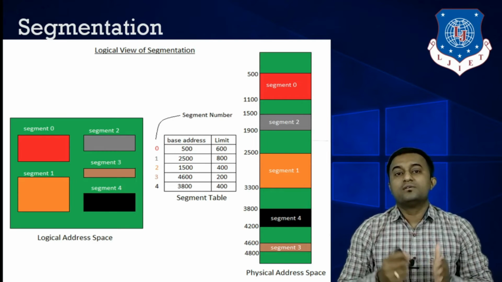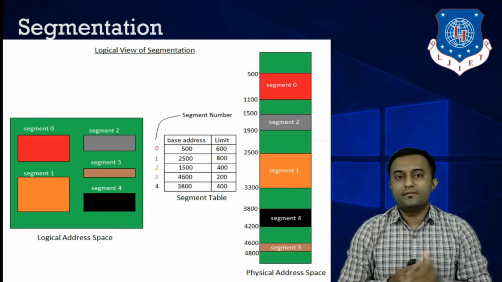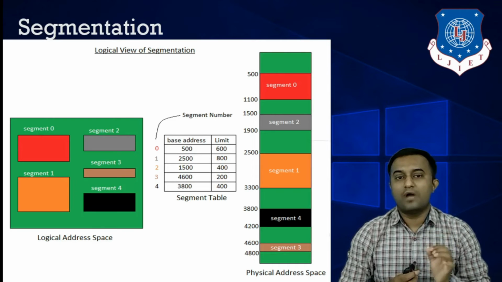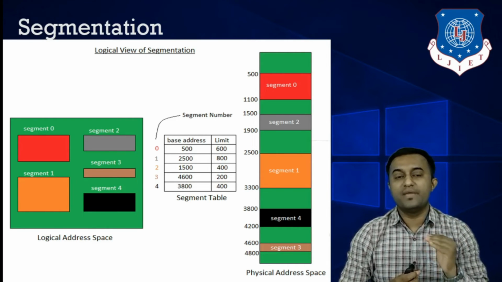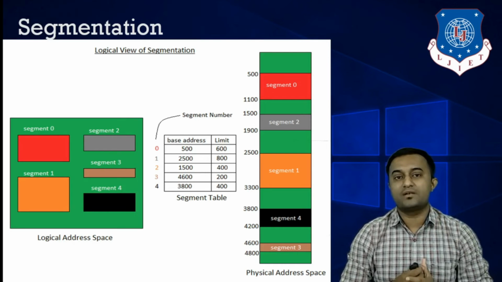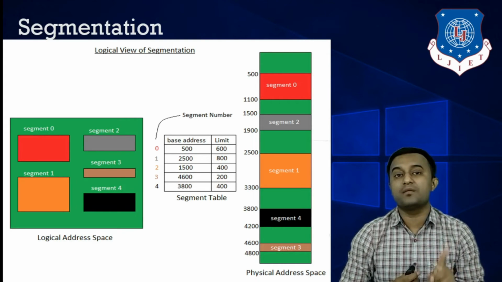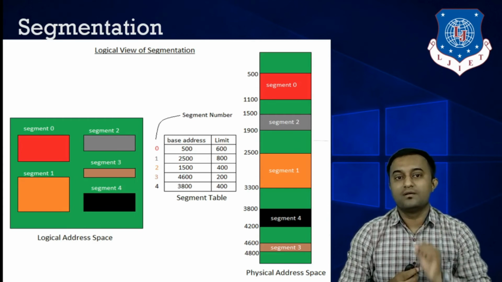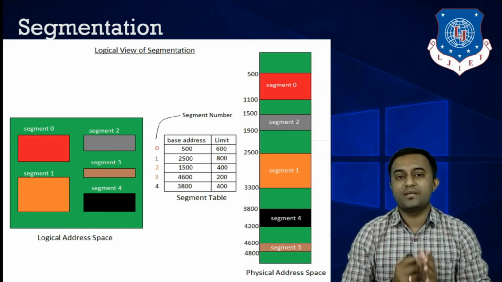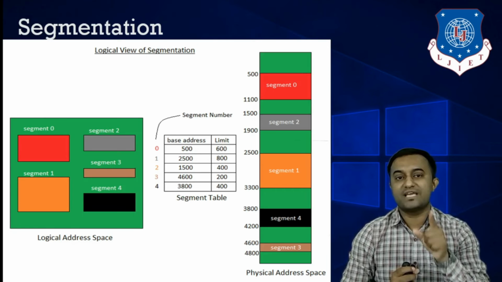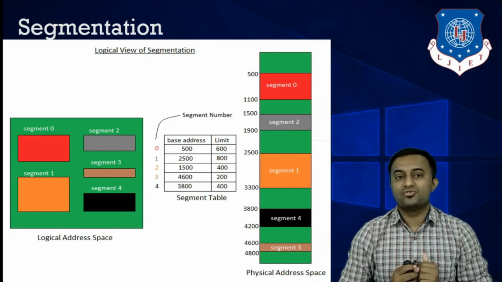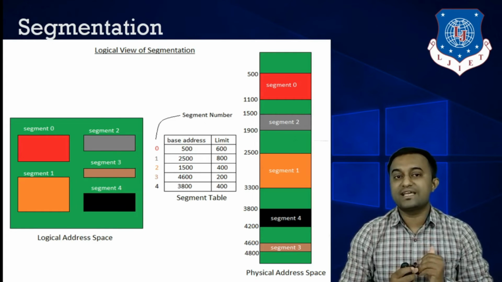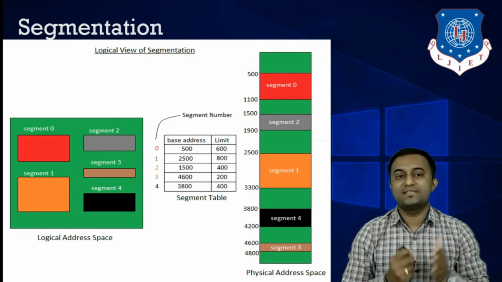Okay. And the index value, how can we fetch the base address of a particular segment? With the help of the segment number that is given to us in the segment table. So segment numbers are given as 0, 1, 2, 3, 4. You can see, these are the different segment numbers that we have. So how many segments do we have?